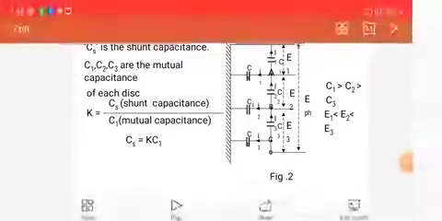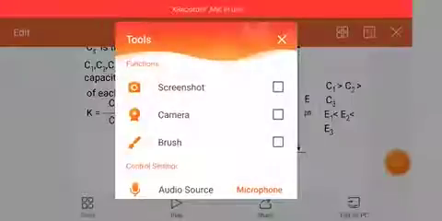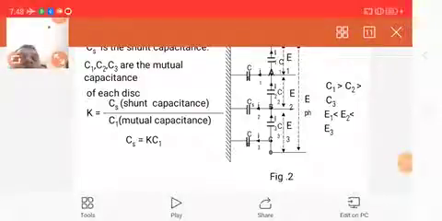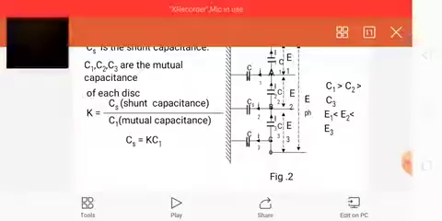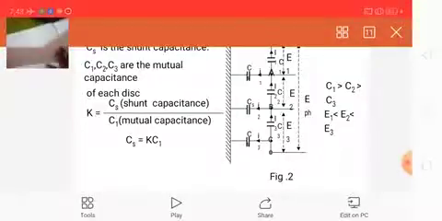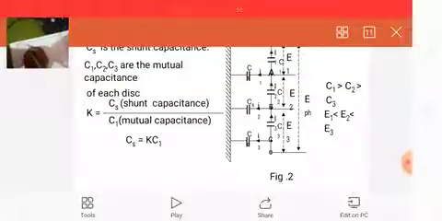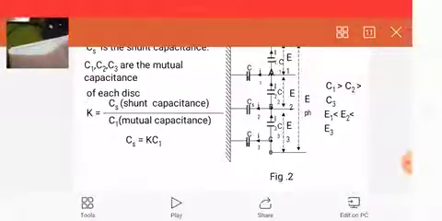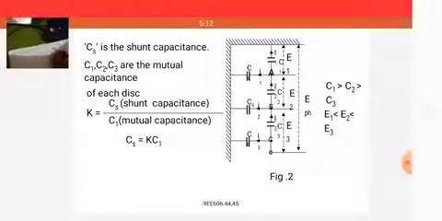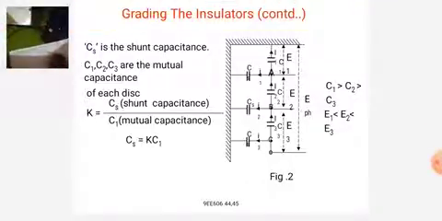Apply Kirchhoff's law at junction A. Here the mutual capacitances across the pole to earth should be equal.